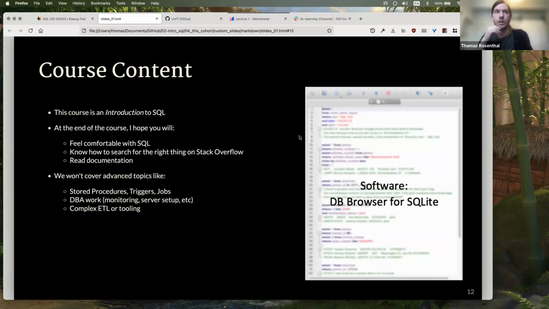We won't do DBA work like monitoring or setting up a server. We won't really do much complex ETL or tooling or anything like that. Fortunately, I don't think from the pre-assessment survey that you had too much of that, but that's pretty typical for the adult upskilling that we do. And we'll use DB Browser for SQLite, as I mentioned.